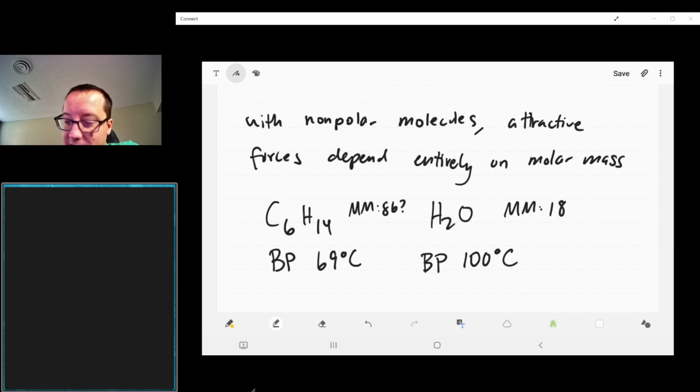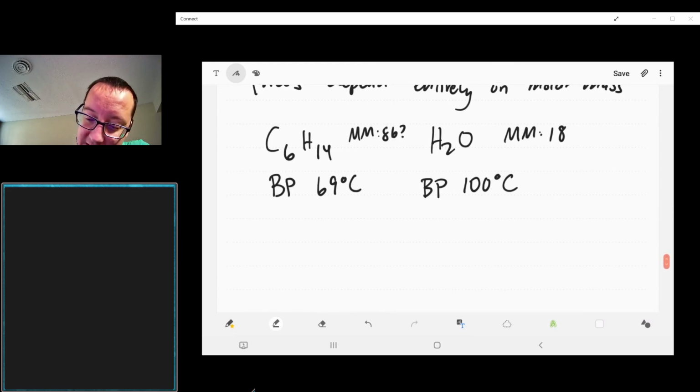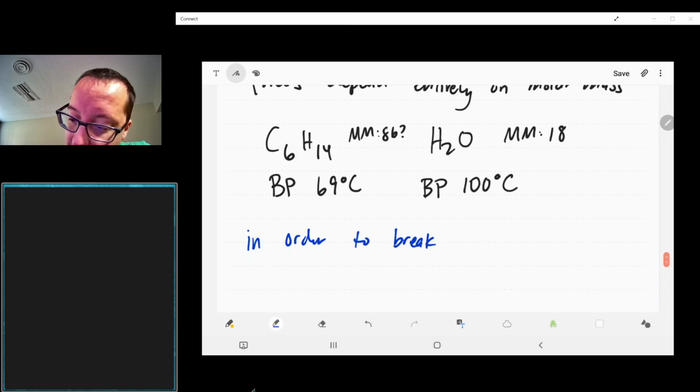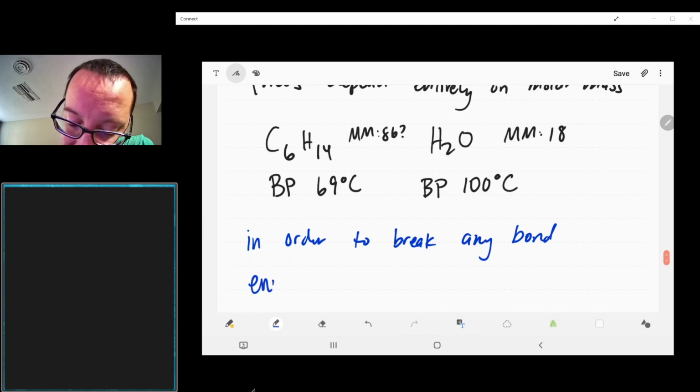So let's finally talk about this boiling point stuff. In chemistry, in order to break any bond, whether it is an intramolecular bond or an intermolecular bond, energy must be added.